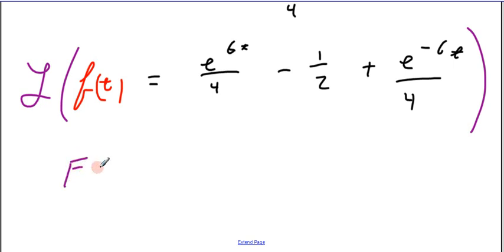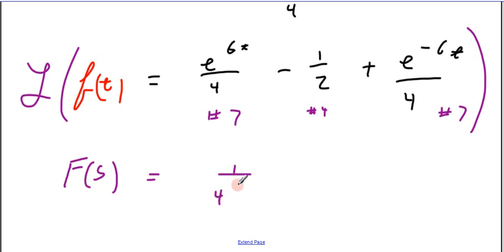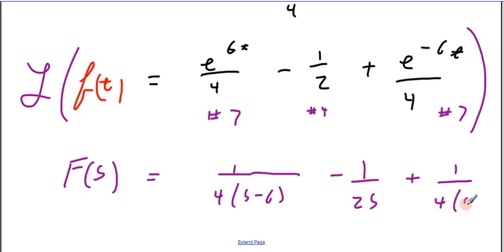And I'm going to have F of s, and I'm going to use number 7, and number 4, and I'm going to have 1 over 4 times s minus 6, minus 1 over 2s, plus 1 over 4 times s plus 6.